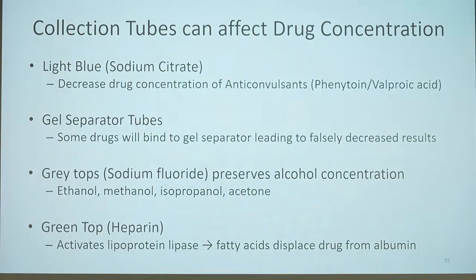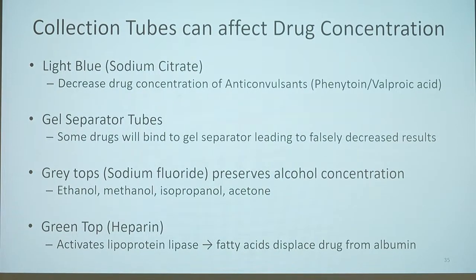Gray top tubes are used to measure alcohols. The fluoride in the tube is specifically there to block glycolysis if the tube gets any contamination with bacteria during the phlebotomy, because bacteria can convert glucose into ethanol in the tube, which would falsely elevate the amount of ethanol.